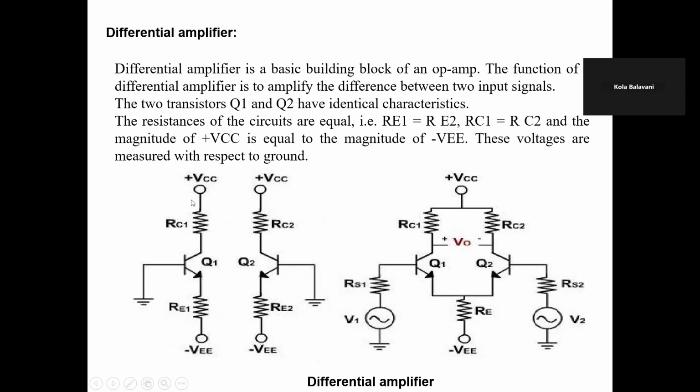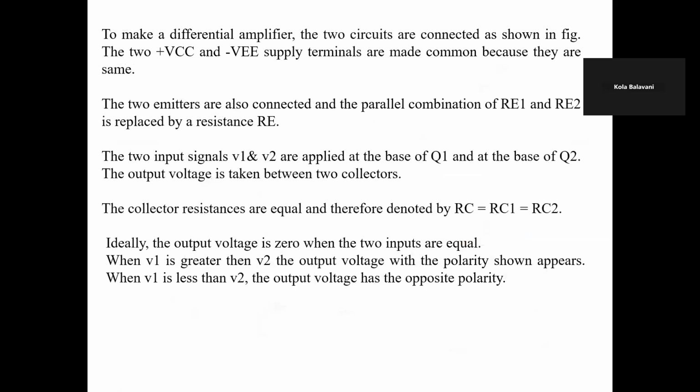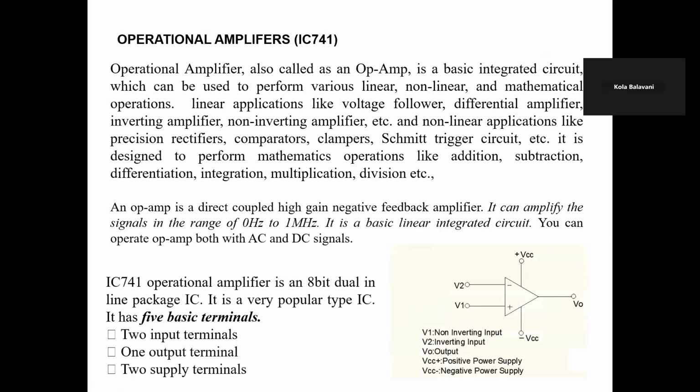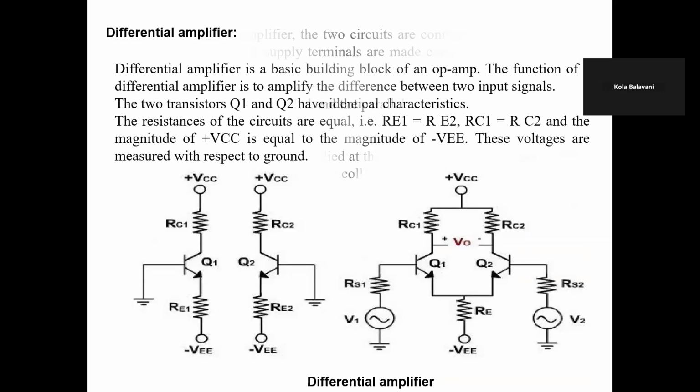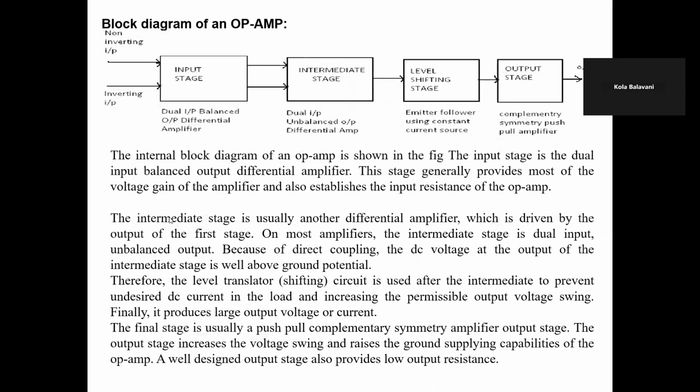Balanced output means we are collecting the output from the two collector terminals, two output terminals, depending on the configuration. So here the two transistors Q1, Q2 have ideal characteristics, and the resistances are also equal. That is RE1 equals RE2 and RC1 equals RC2. This is about the block diagram of the differential amplifier.